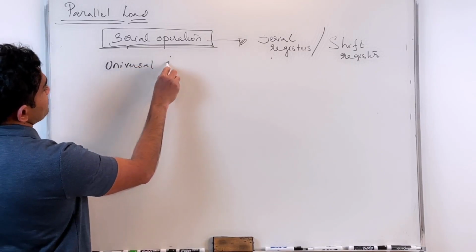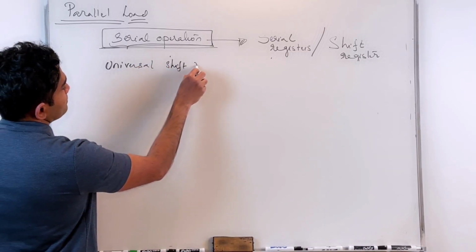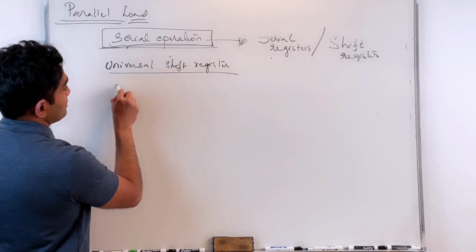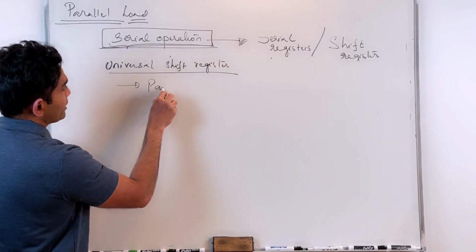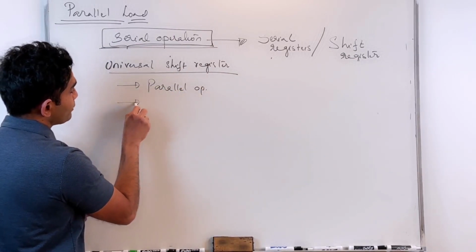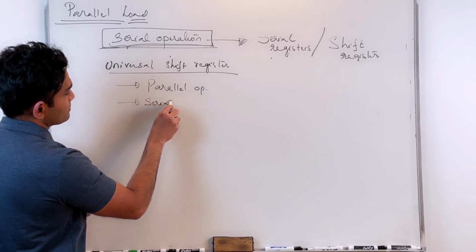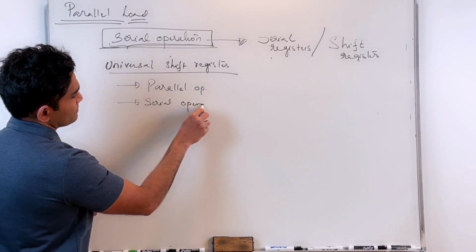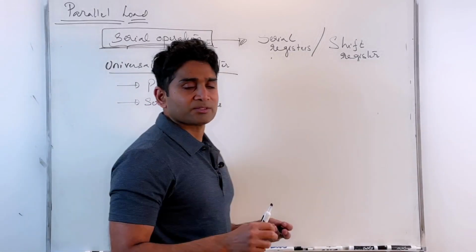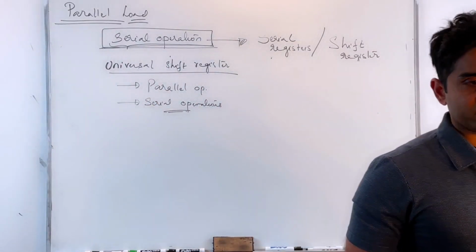As the name suggests, a universal shift register is one that can perform both parallel operations as well as serial operations. So that basically constitutes a universal shift register.